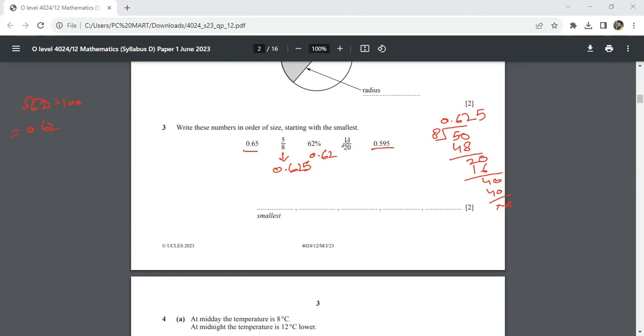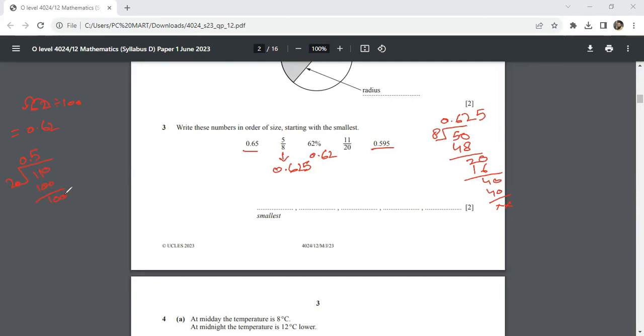Okay. Next is 11 upon 20. 11 upon 20 means 11 inside and 20 outside. And again, we need a decimal point over here, and a 0 over here. So it is 110. 20 fives are 100. 10 is the remainder.